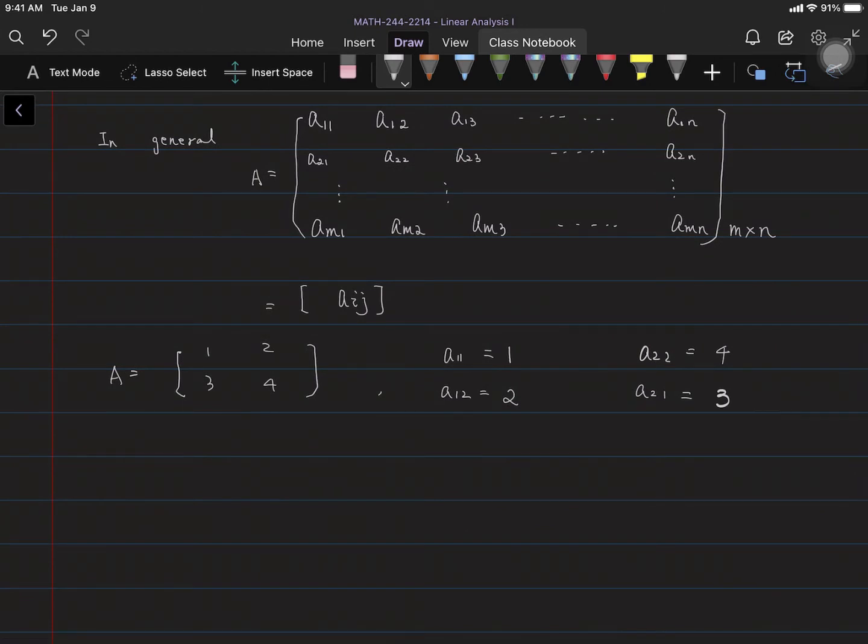Let's see. If we can try this one, because this is pretty easy, so we don't do the official example. Write the matrix with given elements.